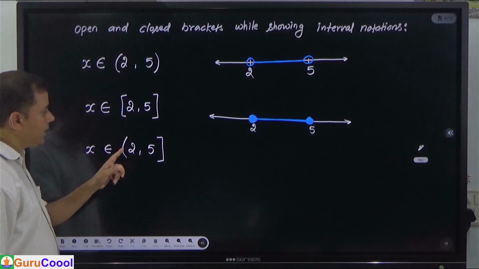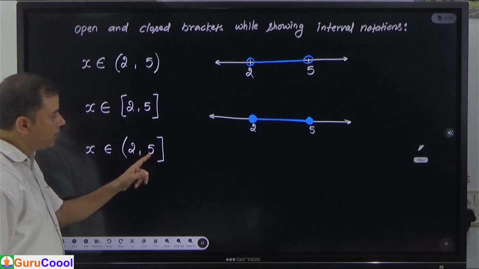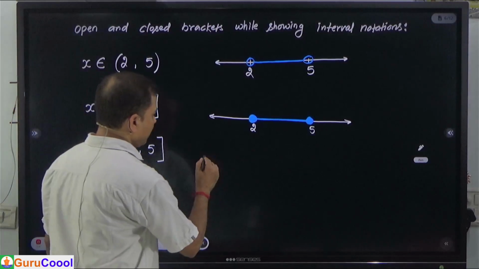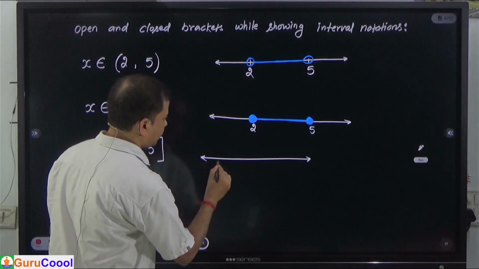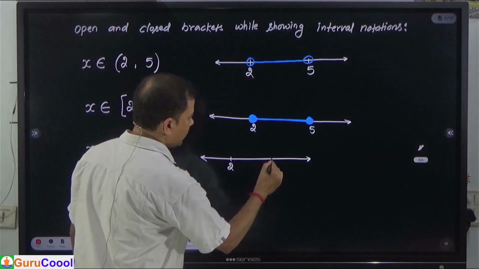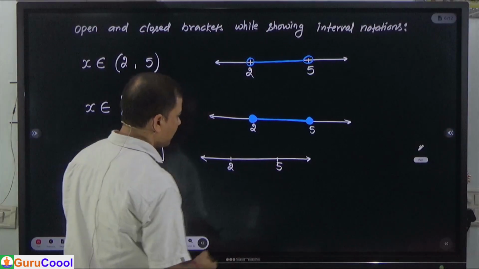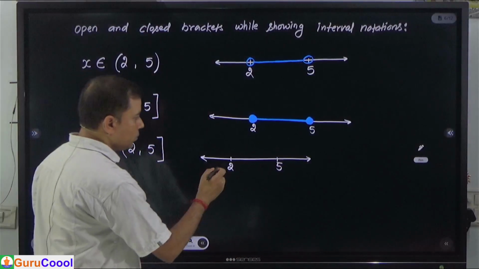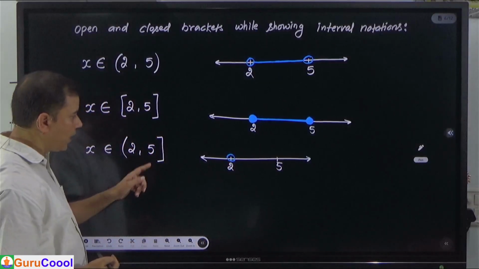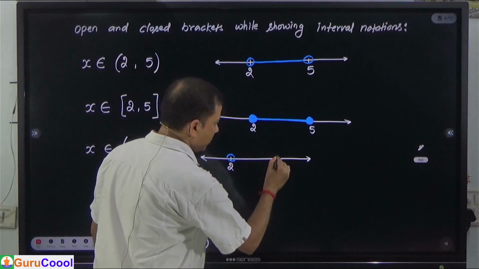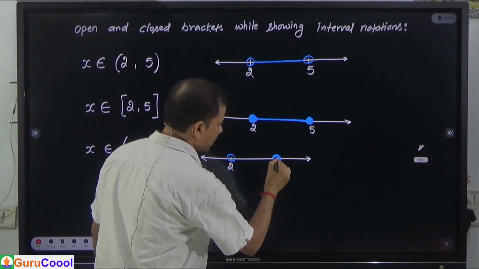So X is not equal to 2 but equal to 5. If we show it on the number line, here is 2, here it is 5. Not equal to 2 means open circle and equal to 5 means closed circle, colored circle.